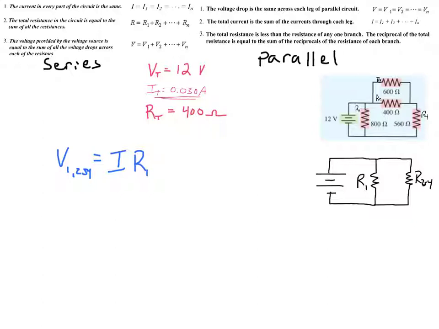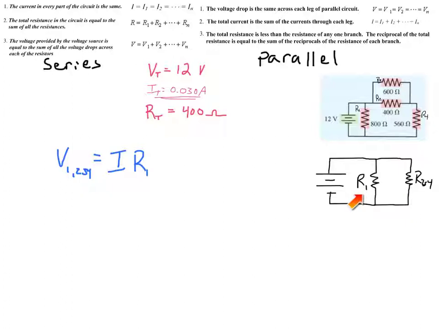To do this, we have to work backwards from where we started with finding the total resistance of the circuit. When we look at this here, we've got R1 and R234. So that's R1 here and the equivalent resistance of R234, both of which we found to be 800 ohms, and they're effectively in parallel with each other.